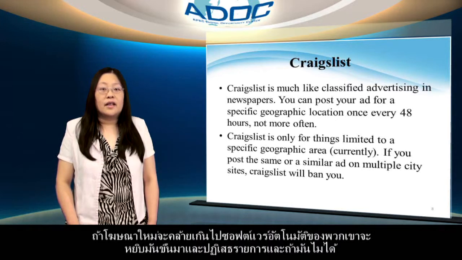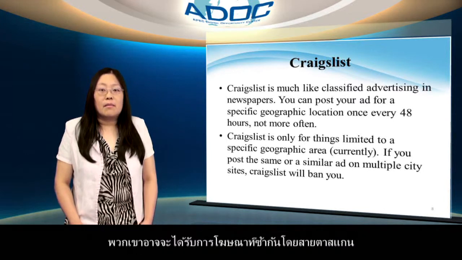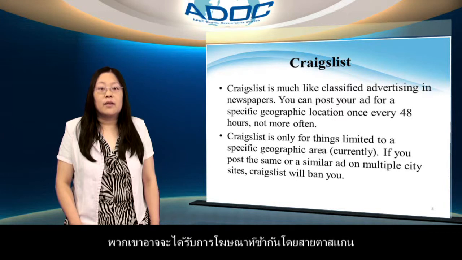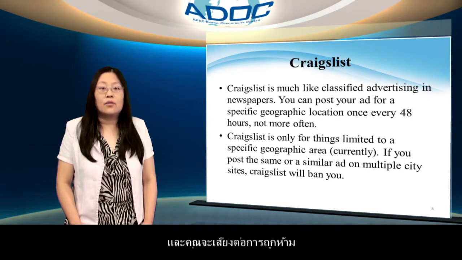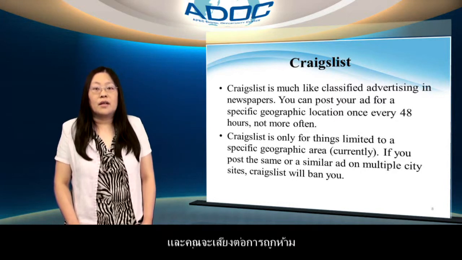If the new ad is too similar, their automated software will pick it up and deny the listing. And if it doesn't, they might pick up the duplicate ad by visually scanning, and you run the risk of being banned.